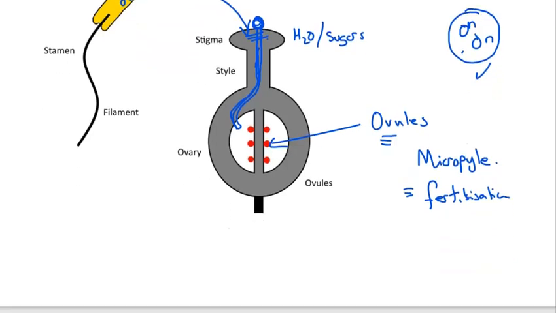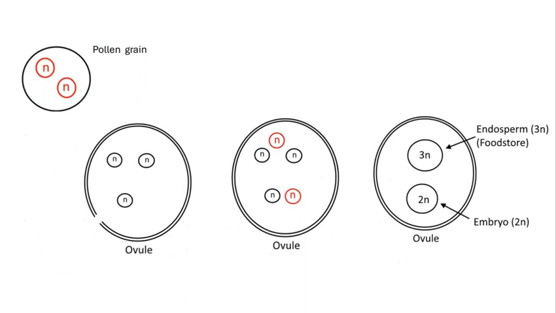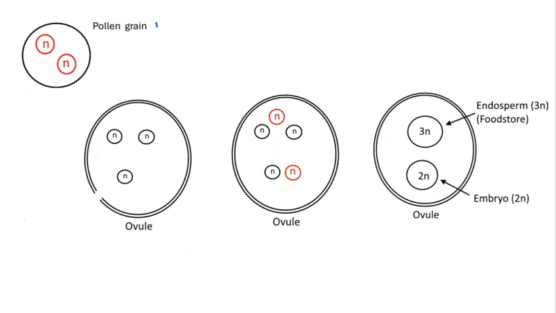Okay, so let's take a look at the actual fertilization itself. So here we have my pollen grain with its two haploid nuclei, and then here's the ovule. Now curiously, the ovule actually has three haploid nuclei, one in this location here and two further up here.